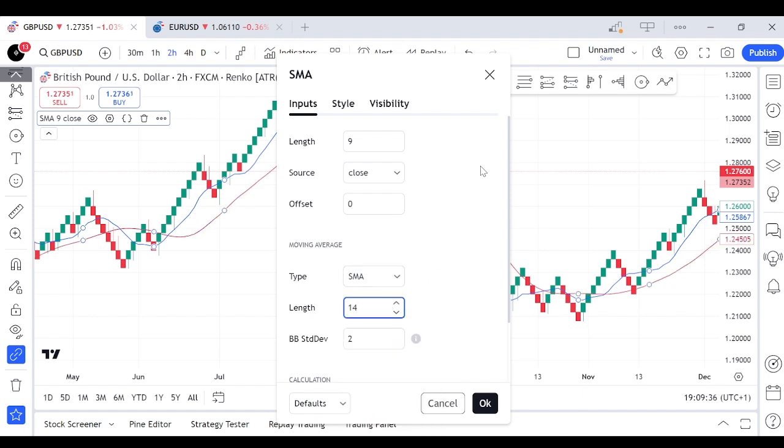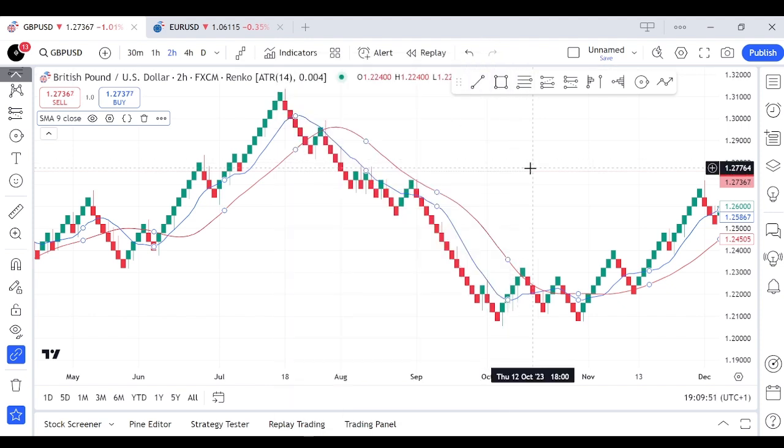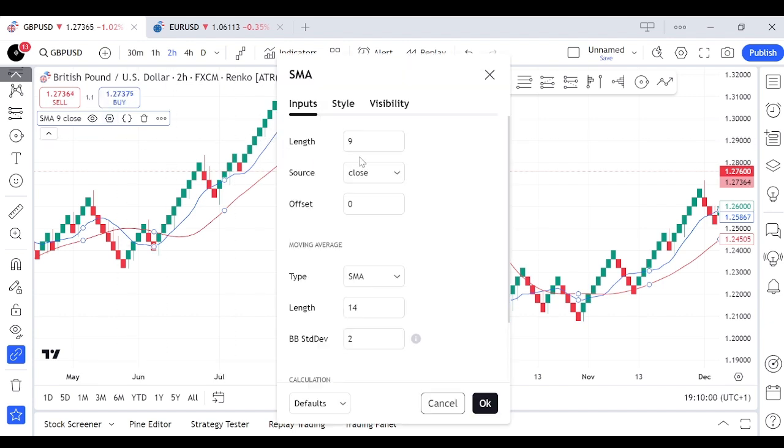Okay. So the moving average crossover system is a classic trading strategy that can be highly effective when applied to Renko charts. This approach uses 2 moving averages of different periods to generate buy and sell signals. Typically you use a faster moving average, such as, let me use the 9 period for this example, the 9 period MA, and a slower moving average like the 20 period moving average.